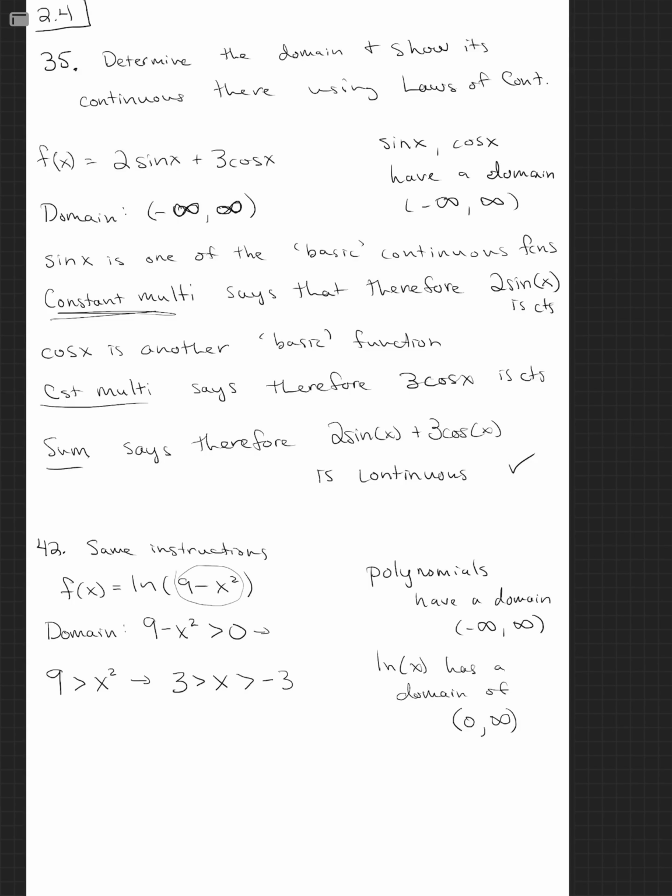Just if we recall how taking the square root of both sides works for inequalities, we know that if x is smaller than negative 3, then when we square it, it's going to be the same as squaring something bigger than 3, right? Because the squaring makes everything positive. So if we want to be less than 9 when we square x, we have to be between 3 and negative 3, right? So that's our domain.